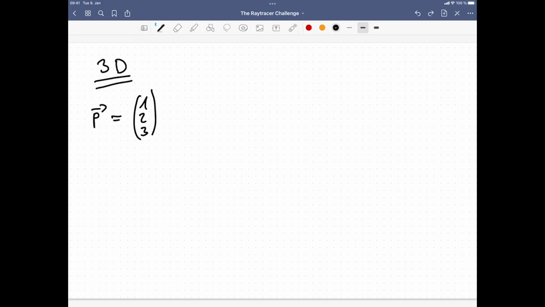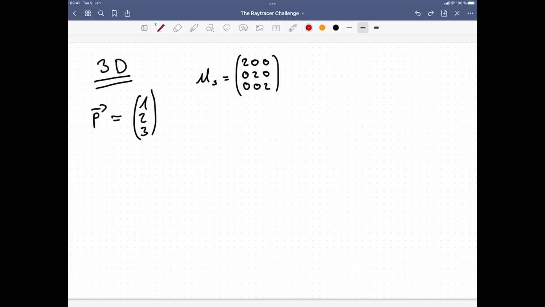Let's call it MS, and a matrix that scales by 2 would be 2, 0, 0, 0, 2, 0, 0, 0, 2. So now we have our matrix, which if multiplied with this point, would scale it.